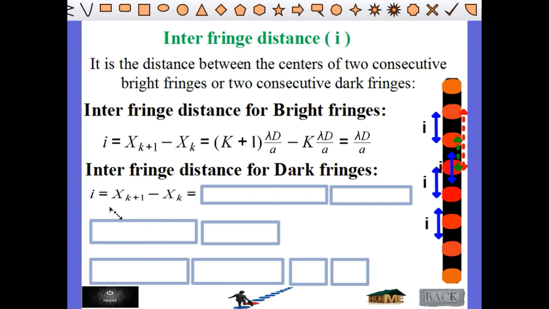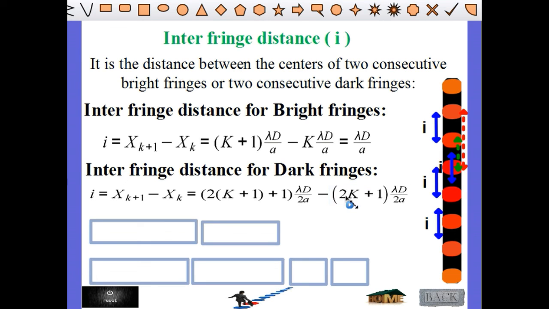Here the same, i equal x(k+1) minus xk, but the expression for the dark fringe is (2k plus 1) lambda D over 2a.